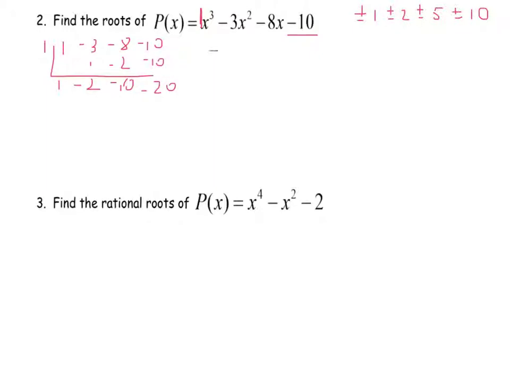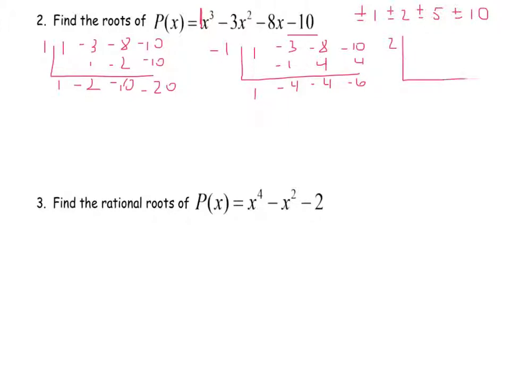So I do negative 1: 1, negative 3, negative 8, negative 10, 1, negative 1, negative 4, 4, negative 4, and that's 4, negative 6.